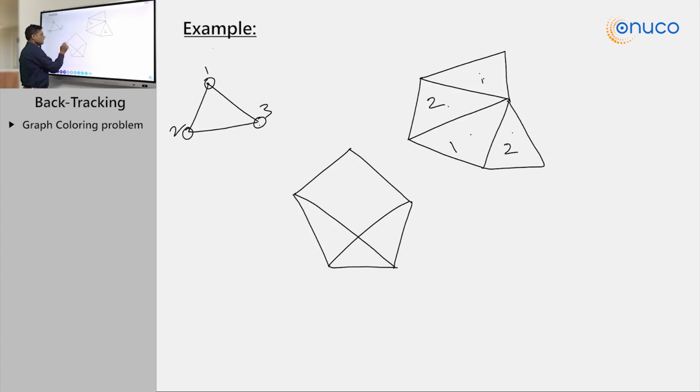The degree of this node is 3, this node is 3, this node is 3, this node is 3. So the degree of the graph is the maximum degree, which is 3. As per the given statement, the number of colors to be used for this particular graph must be 3 plus 1, which is 4 different colors, to color the graph.